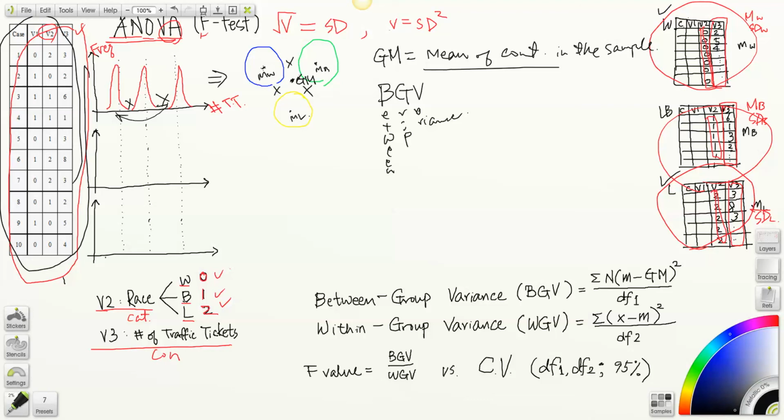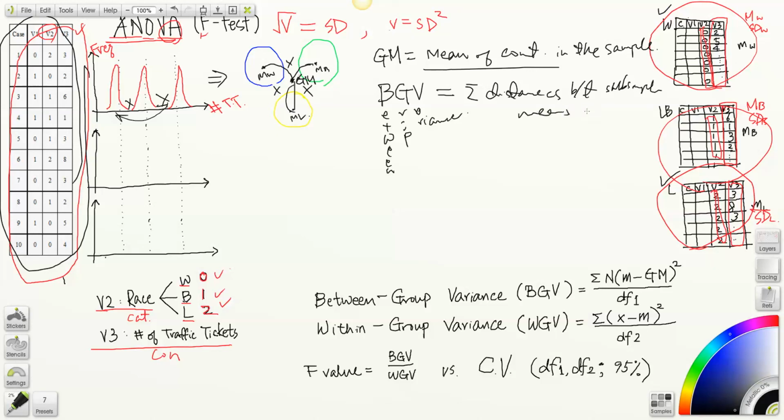So you look at the distance between this subsample and the grand mean, and the difference or distance between this grand mean and this subsample. And for the last one, the distance between this grand mean and this subsample. And you look at the totality of these distances. So that's going to determine your between group difference or between group variance. So the sum of distances between subsample means and grand mean.